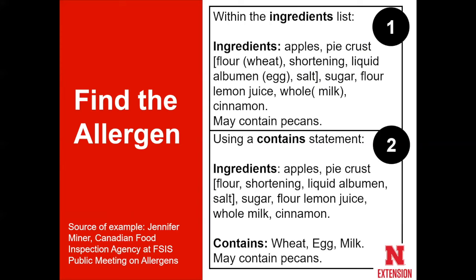So you can see on this slide, they have a list of allergens. The first one lists wheat in parentheses, it lists egg in parentheses, and it lists milk in parentheses also. There's also a bottom statement saying it may contain pecans.